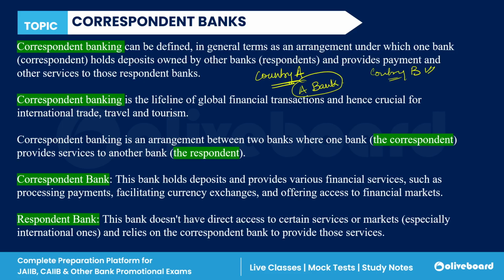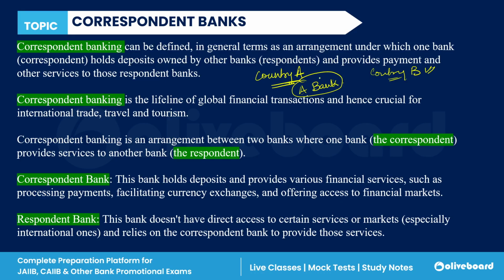So correspondent banking is an arrangement used by banks where one bank is the partner of another bank, and that bank is responsible for carrying out any functions demanded by the respondent bank.